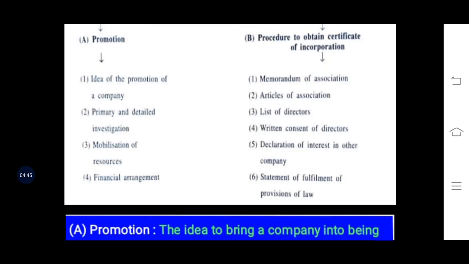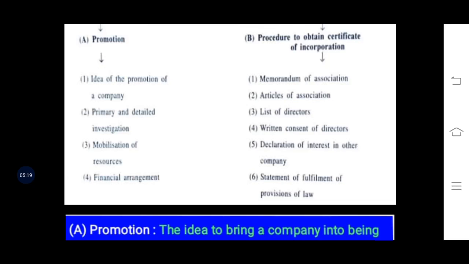So the Memorandum of Association is the most important document, and because it is the first document needed, every document made after that will have to follow it. That is compulsory.